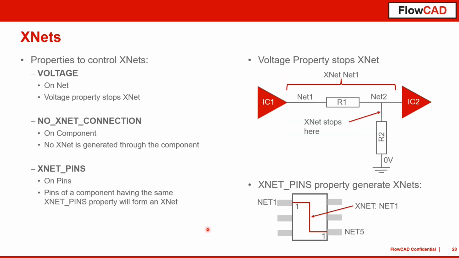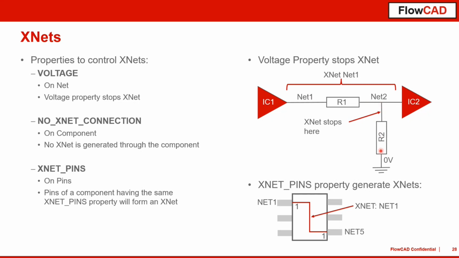Let's come to different things here, again coming to properties controlling the XNets. So first, voltage, I already mentioned this. The voltage property is controlling or somehow limiting the XNet generation. So imagine this same example again: driver, receiver, and one XNet running through this resistor R1.